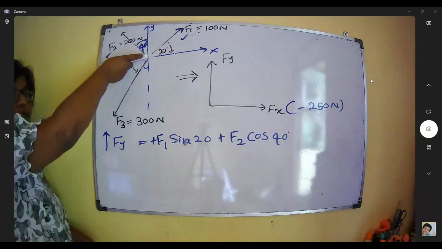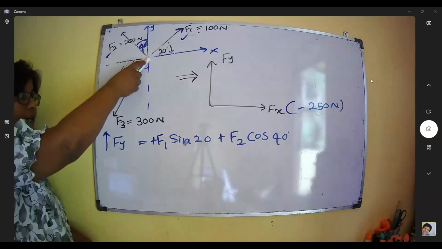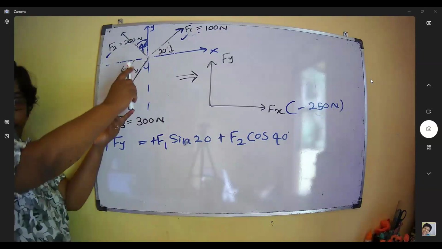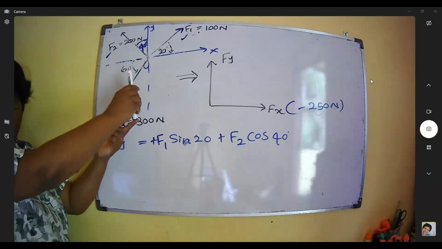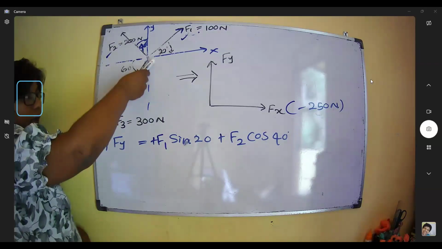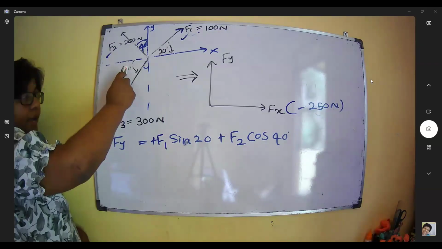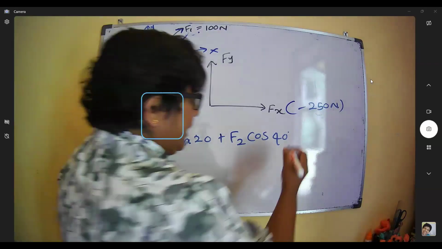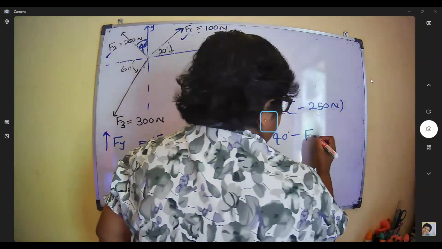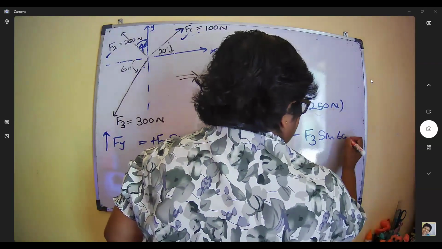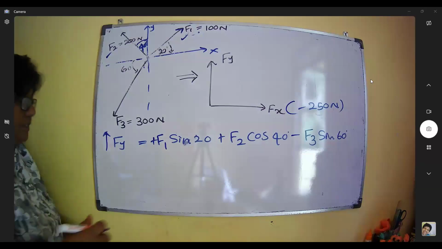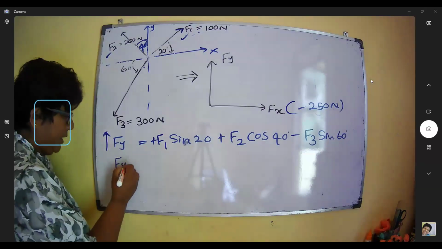If the angle is cos 60. But here the negative sign comes, since down is the negative side. And for F3, sin 60, minus F3 sin 60.